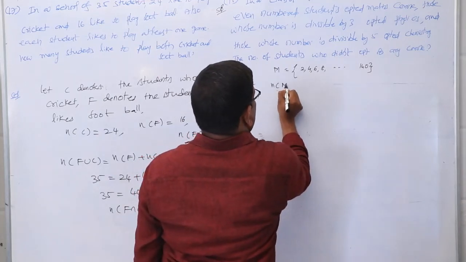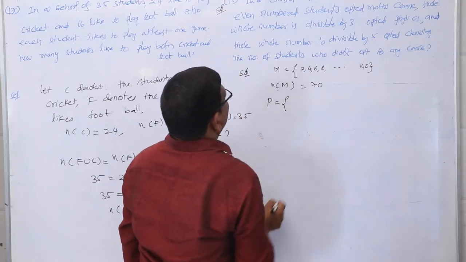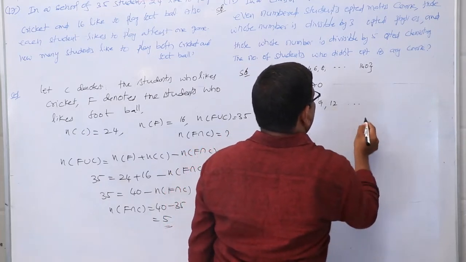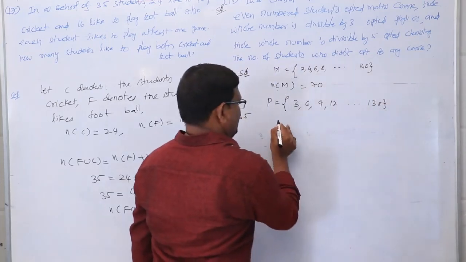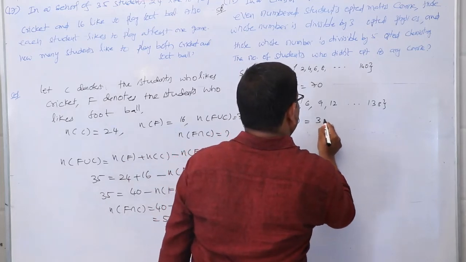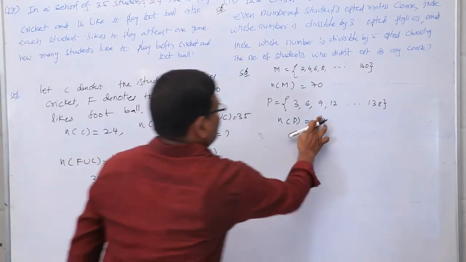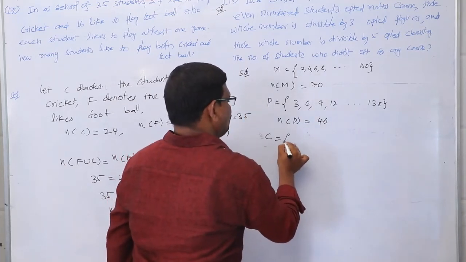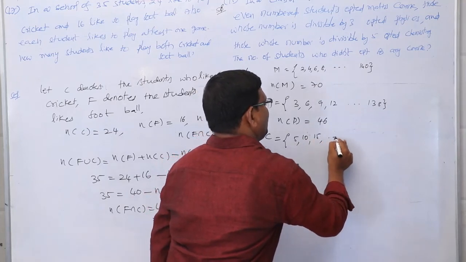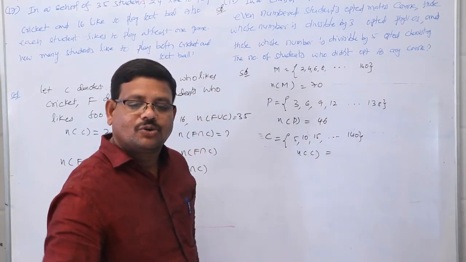Therefore, number of M equal to 70, and P equal to set of numbers divisible by 3: 3, 6, 9, 12, up to 138, and number of P equal to 46, and C equal to set of numbers divisible by 5: 5, 10, 15, up to 140. Therefore, number of C equal to 28.